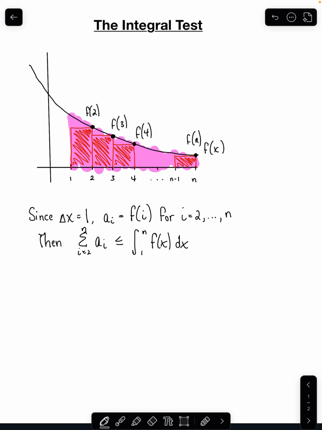Because each rectangle is underestimating the actual area under the curve, the sum of all the rectangles would be less than the actual area.